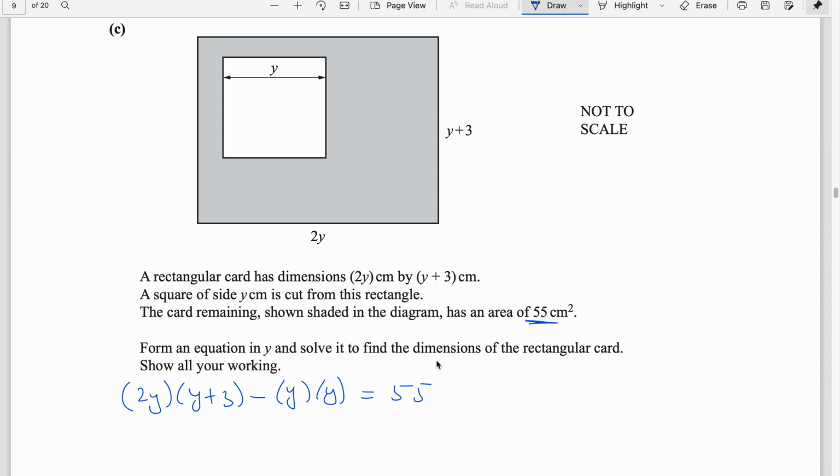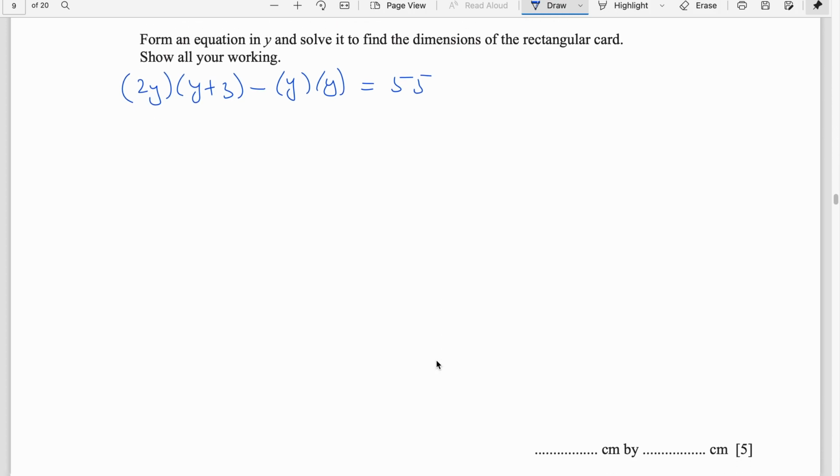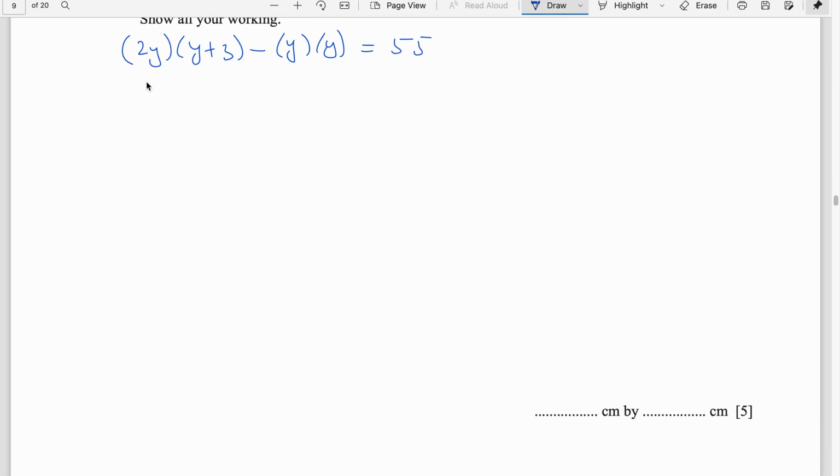So simplifying the equation and solving for y, this is 2y squared plus 6y minus y squared is equal to 55. Rearrange: 2y squared minus y squared is y squared, plus 6y minus 55 is equal to 0.